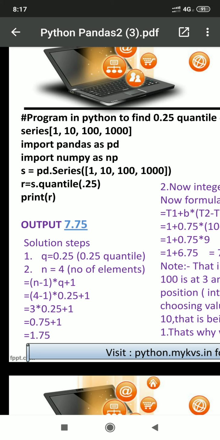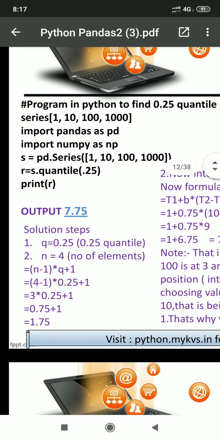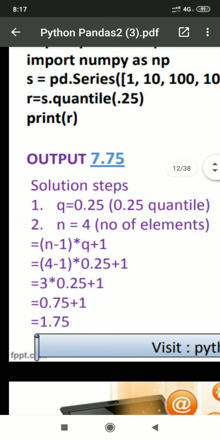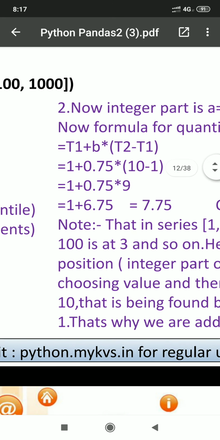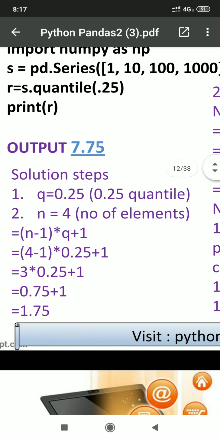It is possible with the help of this example. We can learn from this example, but here we are trying to find the 25% position, the 0.25 quantile. How can we do it? It is divided into 2 parts. First step is this one. First, write Q as quantile.